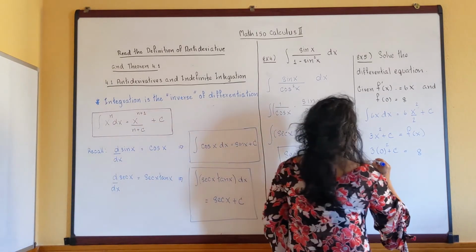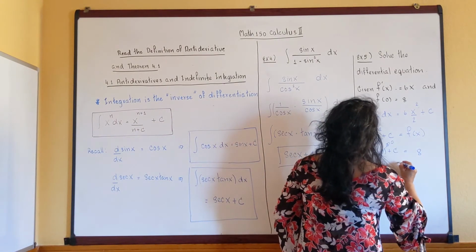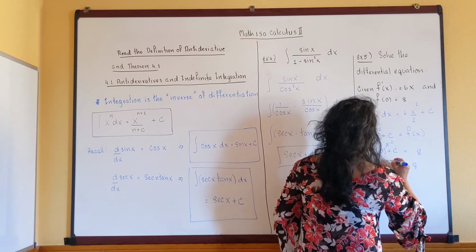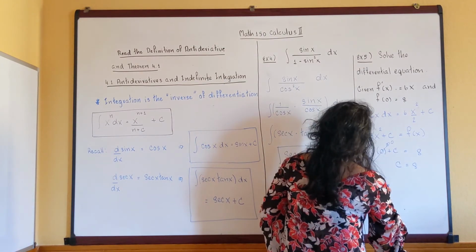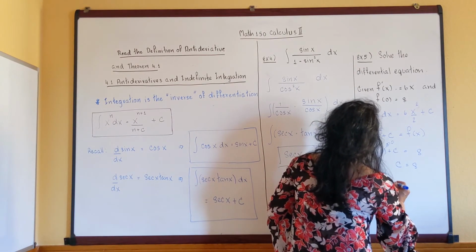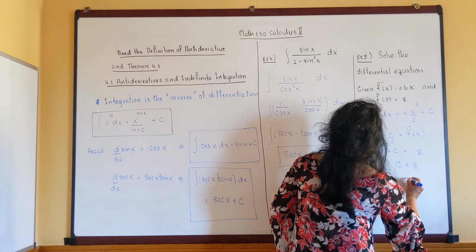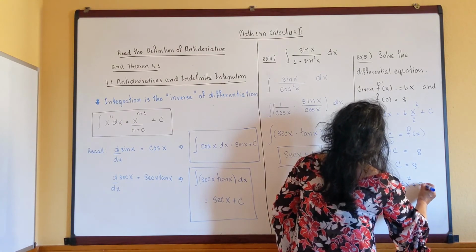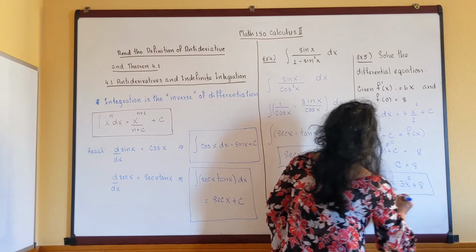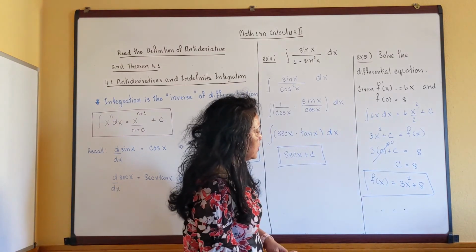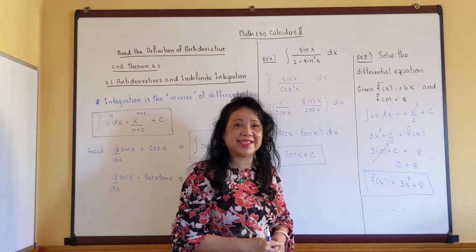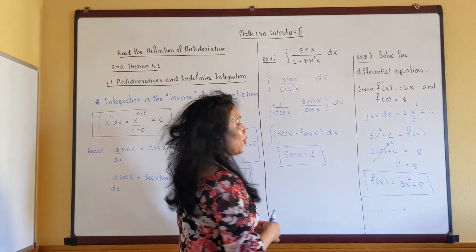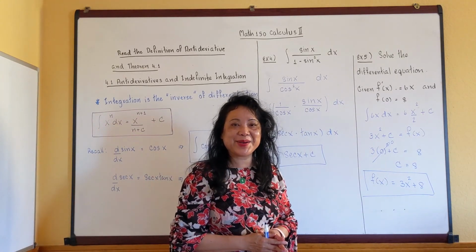Obviously the first term goes to 0, so my c is just 8. So my function f of x is equal to 3x squared plus 8. Again, if you take the derivative of this, you should get 6x, which we did. Alright, we finished 4.1. See you next time. Bye.